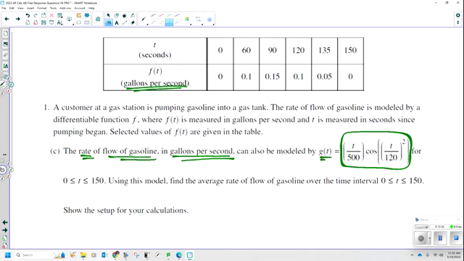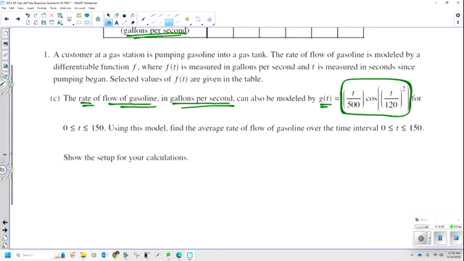There it is, and it's G of T, which is T over 500 times the cosine of T over 120 squared from time 0 to 150 inclusive. Now, using that model, find the average rate of flow of the gasoline over that time interval from 0 to 150. Show the setup for your calculations. You don't need to show the exact calculations, but you need to show where your number came from in the setup. All right? Here you go.